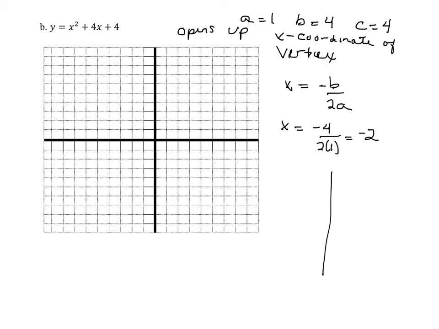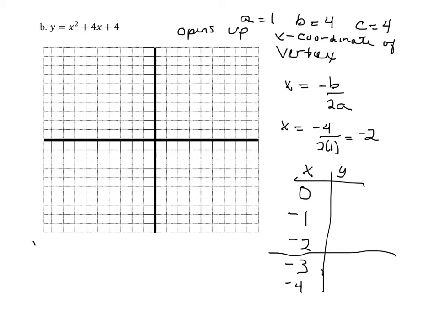So we're building the symmetry table. Negative 2 in the middle. And let's do negative 1, 0, and negative 3, negative 4. The beauty of this is I only have to plug in 3 values and the other ones will follow, which we love, right? So here we go.